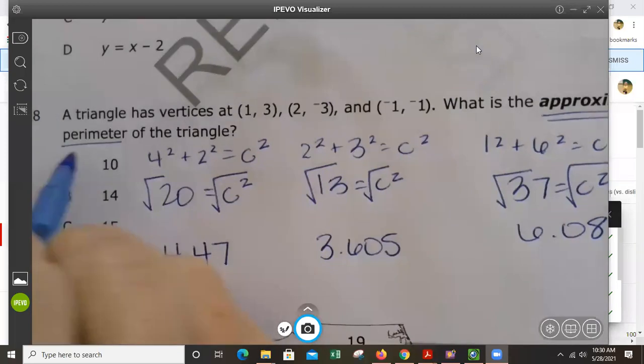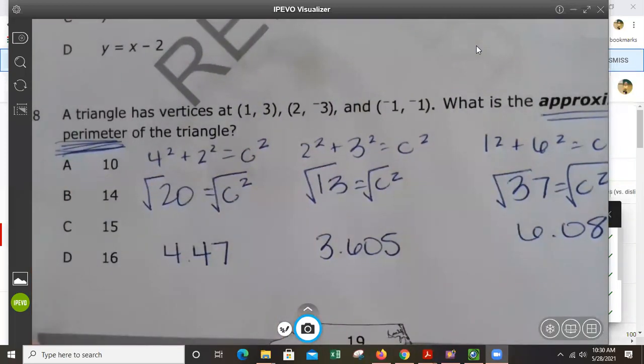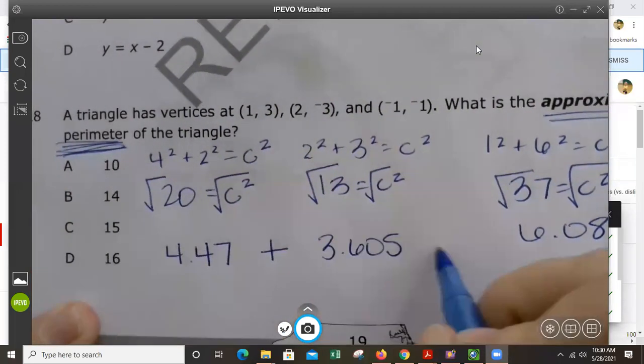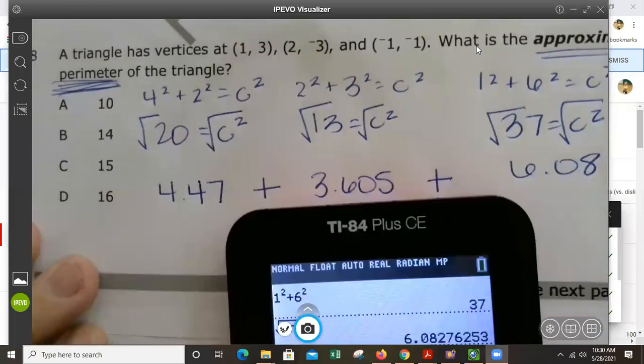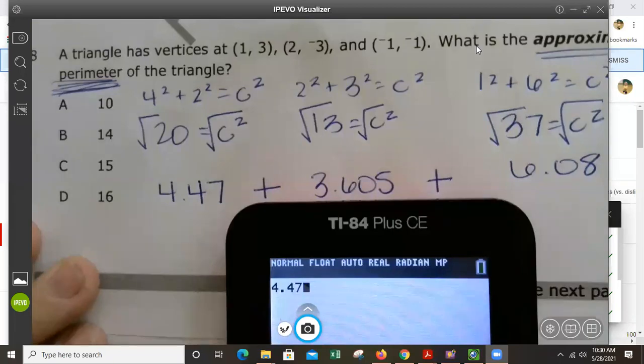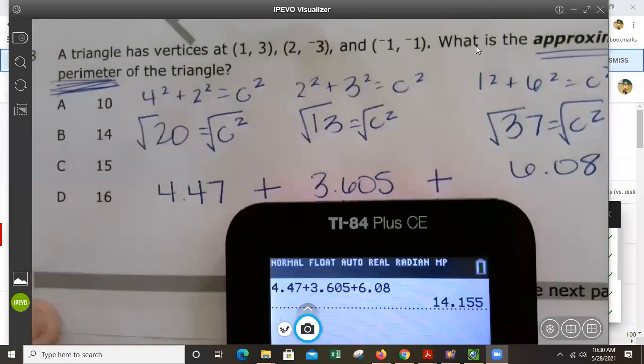How do we find perimeter again? Add them all up. So I'm going to try to do that at the same time. 4.47 plus 3.605 plus 6.08 gives me 14.15, which is approximately what? It is 14. It does not round up.